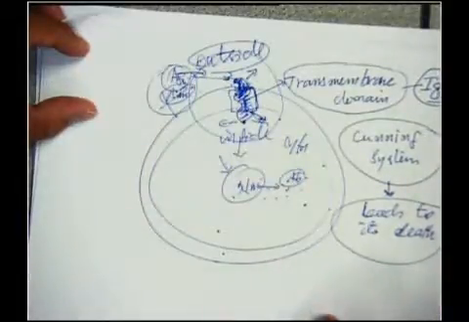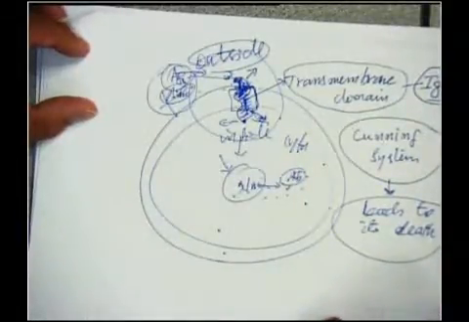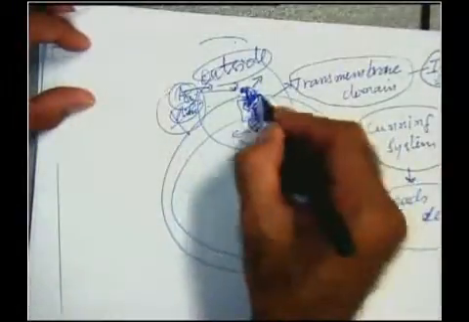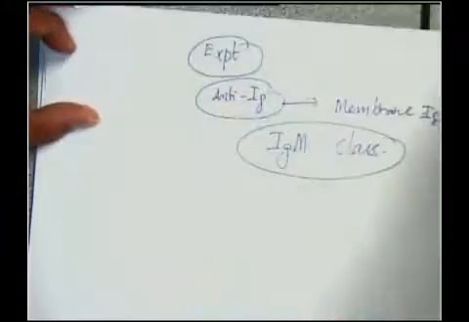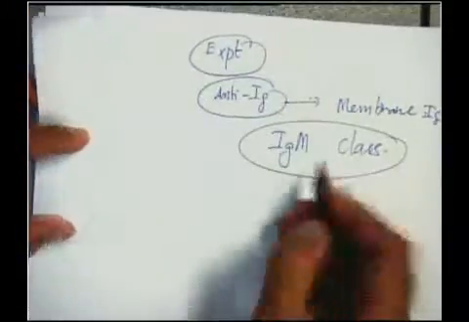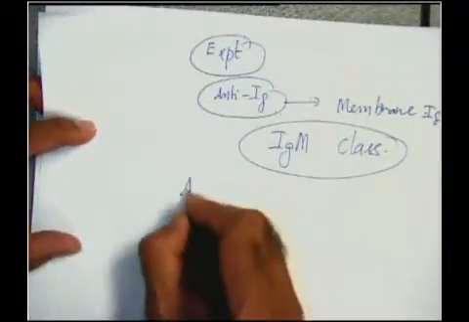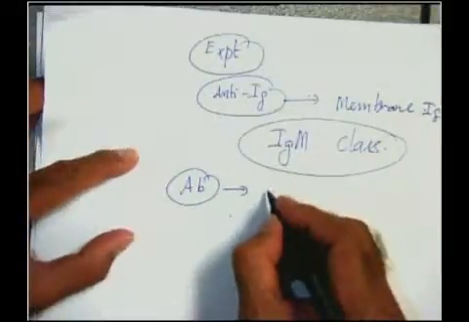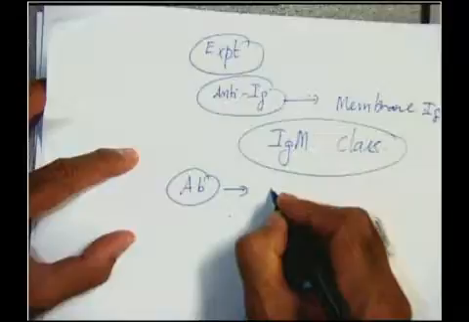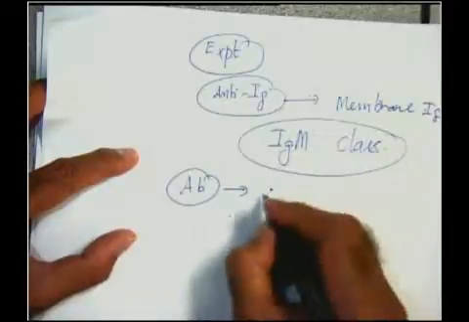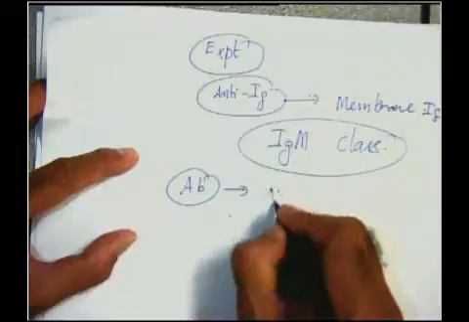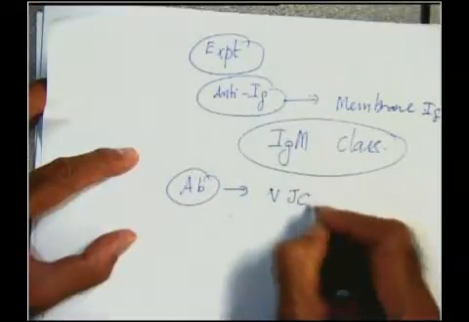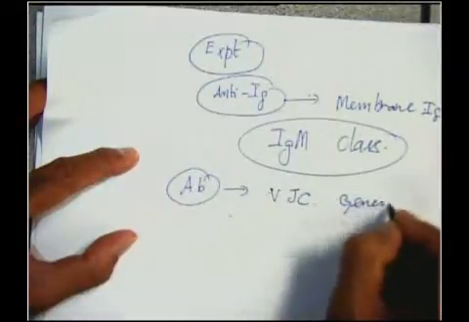So the antibody specificity lies in the individually rearranged genes. This is the IgM transmembrane domain, but the antibody recognition part over here, the antigen recognition or antibody specificity, lies in the VJC genes, which I mentioned before.